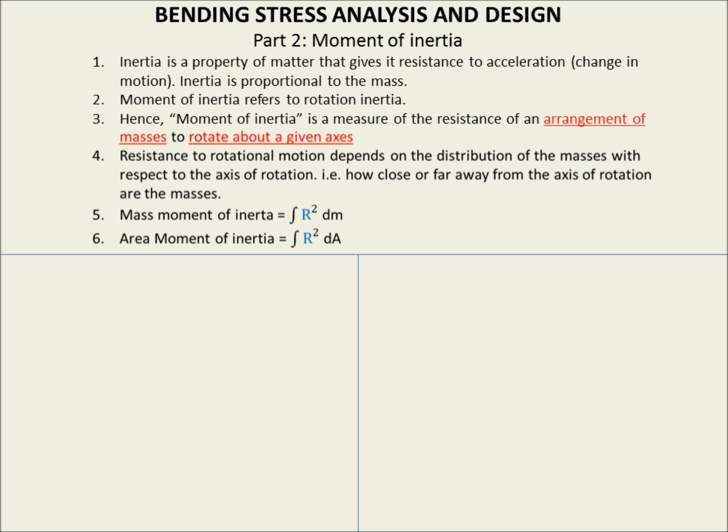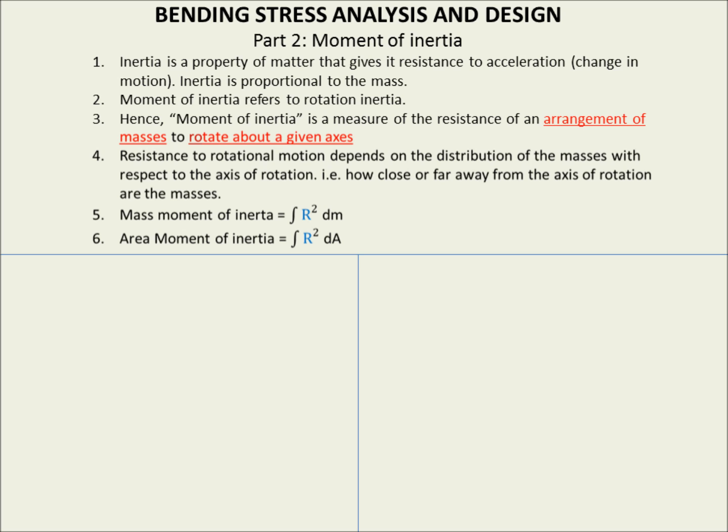Item number 6 states that area moment of inertia is equal to the integral of r squared dA. Now, the area moment of inertia is a modification of the mass moment of inertia, whereby dm, mass, is replaced by dA, area.